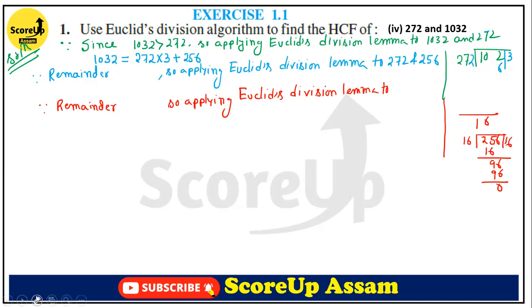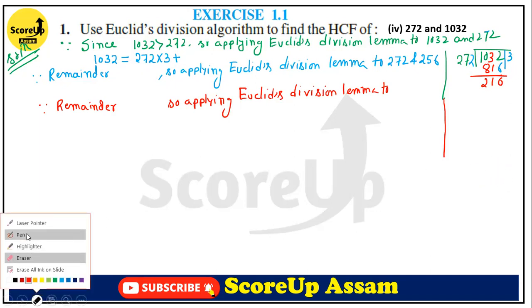Actually, it is 1032. So it is 6, right? So now it will be 6, 1, 216. So it will now be 216.